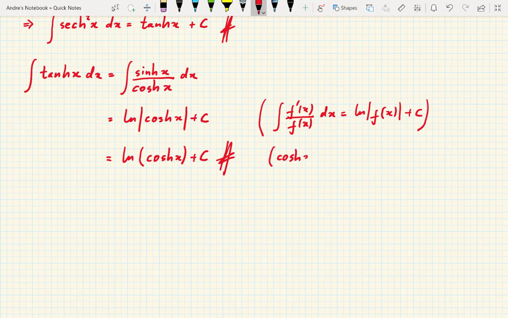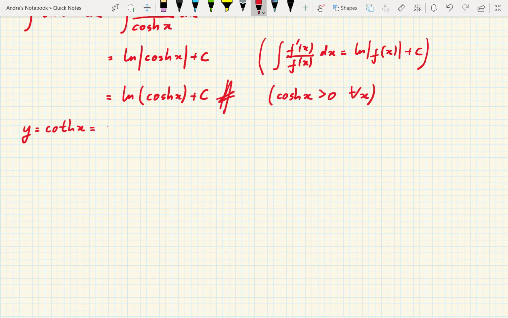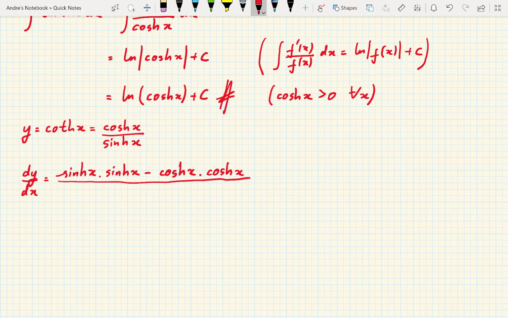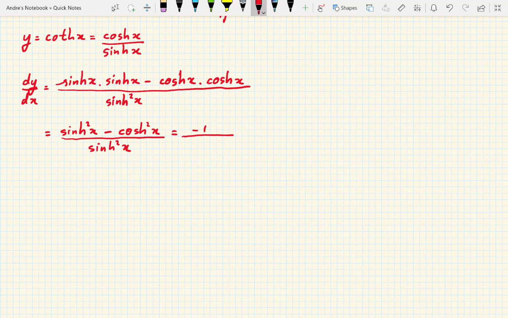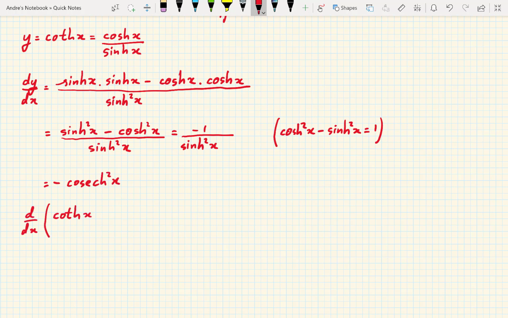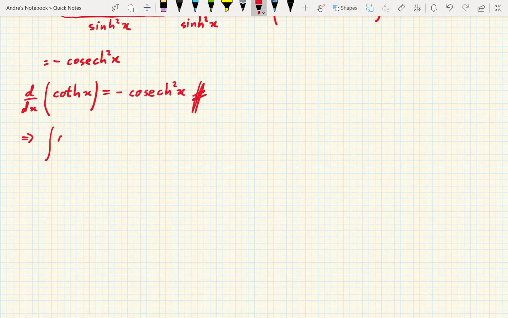We can use exactly the same approach with coth x. Differentiating cosh x over sinh x using the quotient rule gives (sinh squared x minus cosh squared x) over sinh squared x, which is just minus 1 over sinh squared x, or minus cosech squared x. That, of course, tells us that the integral of cosech squared x is minus coth x.